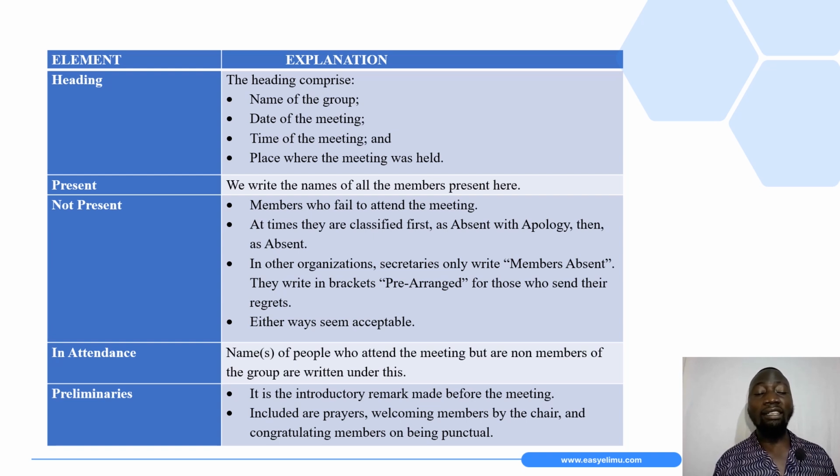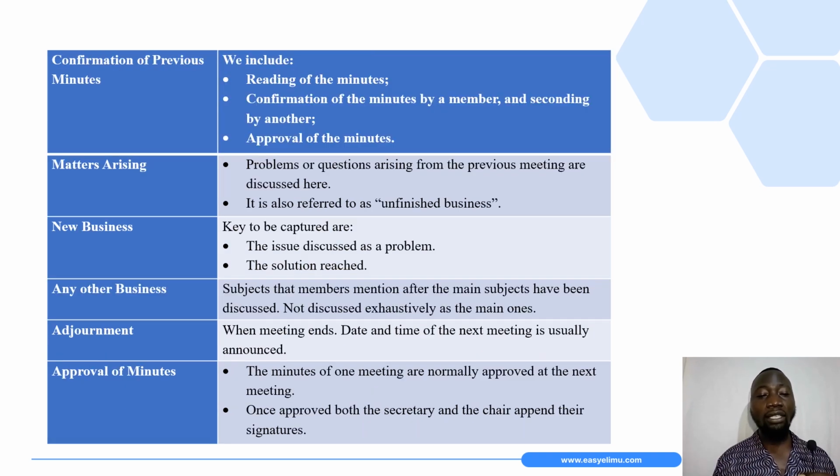So under records of attendance, it is also indicated that the members who are present are written here. Then there are also those who are not present, that is members who fail to attend the meeting. And again, you can look at the other information. So this is just a table on whatever we have discussed. It is a summary containing what we have discussed.